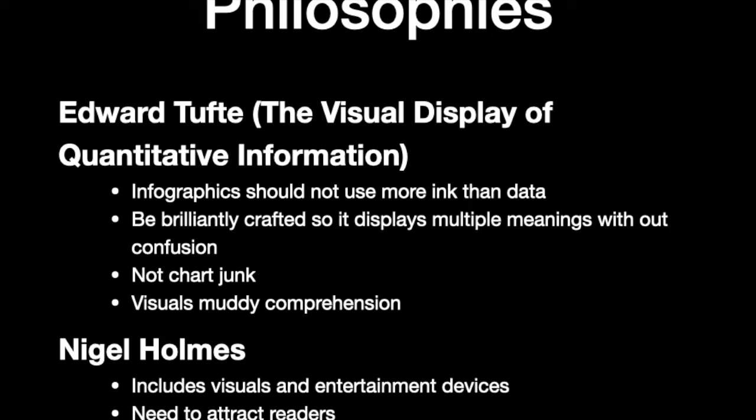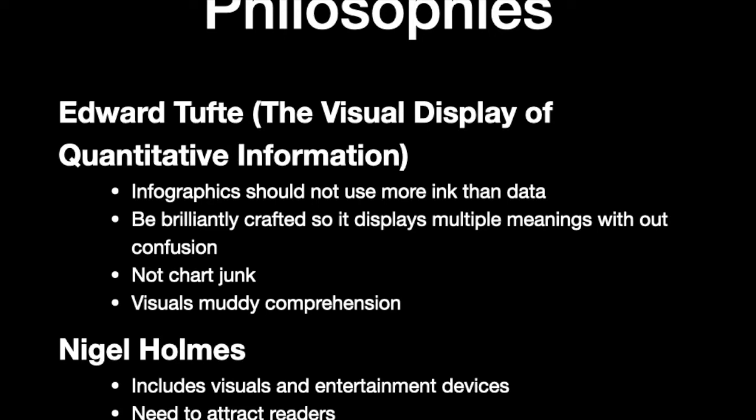And so some of his key points were that infographics should not use more ink than data. As I said, in today's language, we might more often think about pixels than ink. But when he began, it was really ink. And what he means by that is, again, no fluff, just show the data. And we shouldn't be having any kind of illustrations or anything.